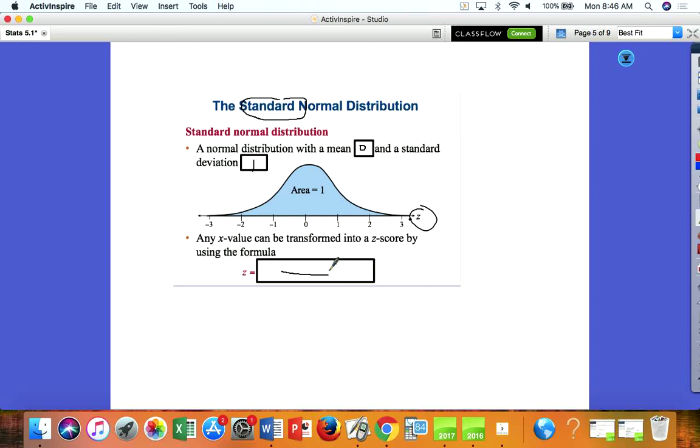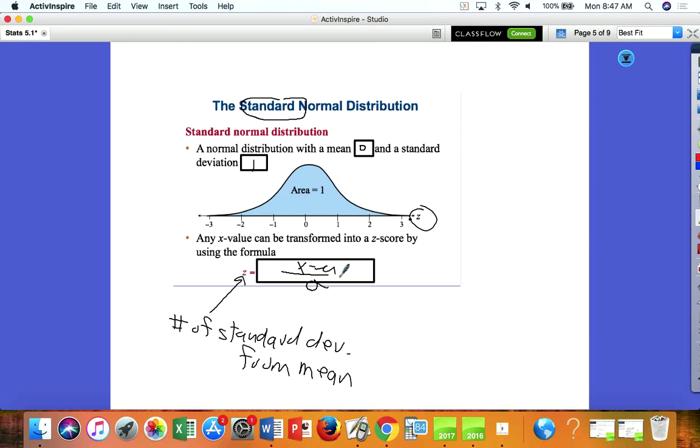I'll tell you this, that the z tells you the number of standard deviations from the mean that value is. The denominator of the formula is sigma. The numerator is x minus mu.